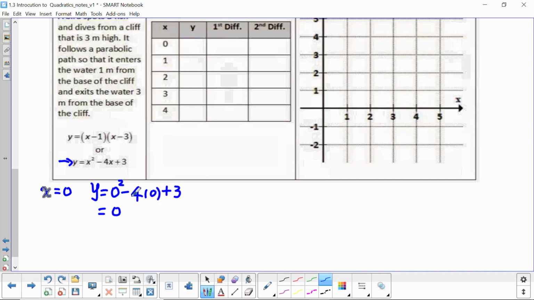Don't do 0 minus 4 first. You need to do the multiplication. 4 times 0 gives you 0, then plus 3. Then we do the adding and subtracting from left to right. Not doing the addition first, okay? That's bad math.